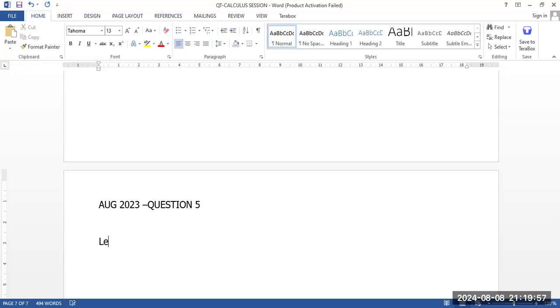First say let X be the number of units sold weekly. Okay. Then at break even point, total revenue is equal to total cost.